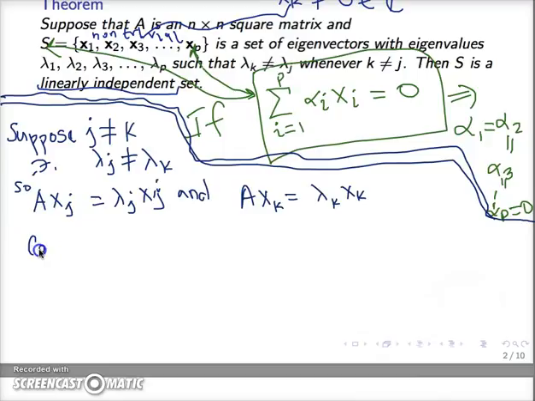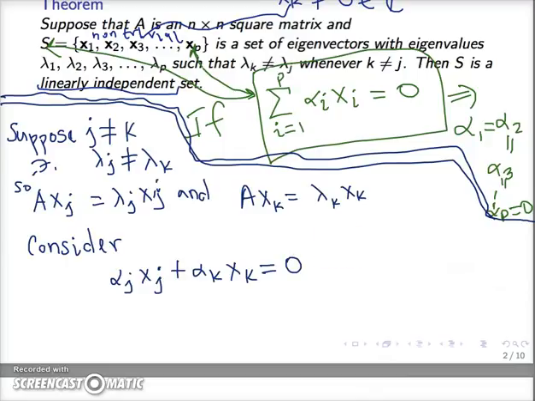Now let's consider a relation of linear dependence involving xj and xk. So let's consider alpha j xj added to alpha k xk, and we consider this as being a relation of linear dependence.